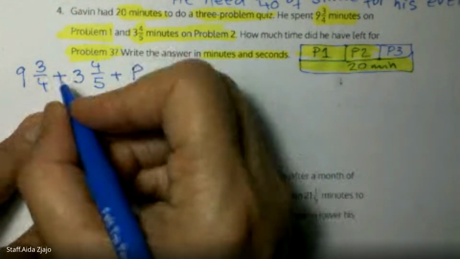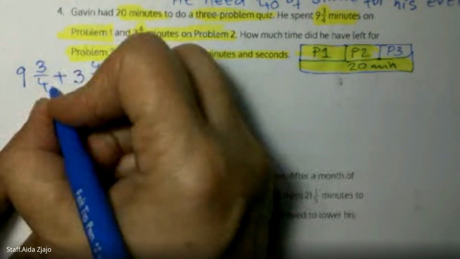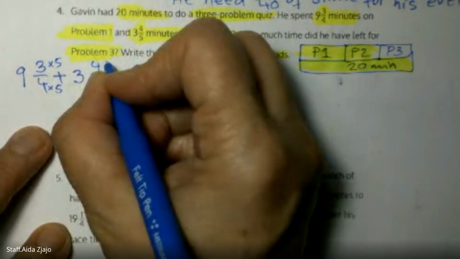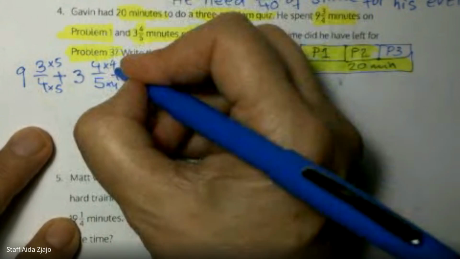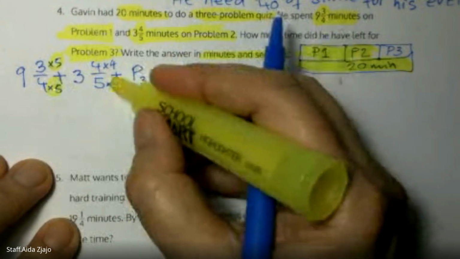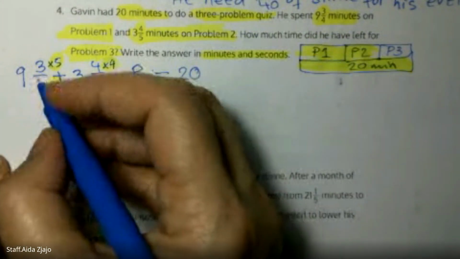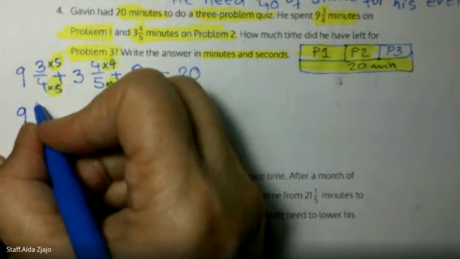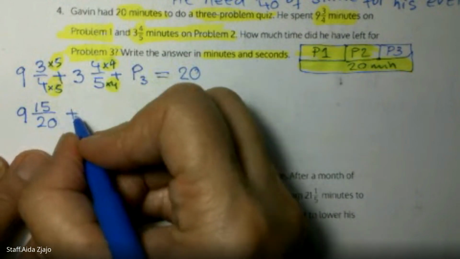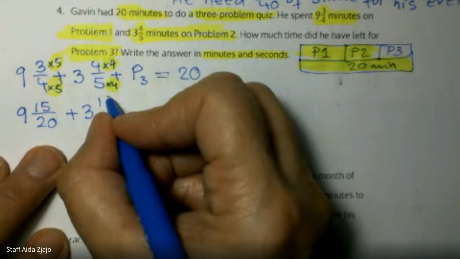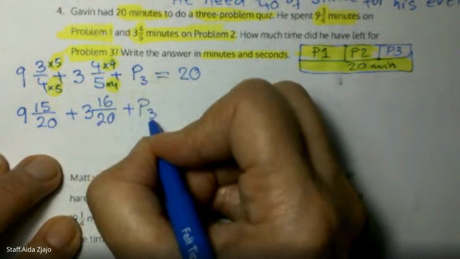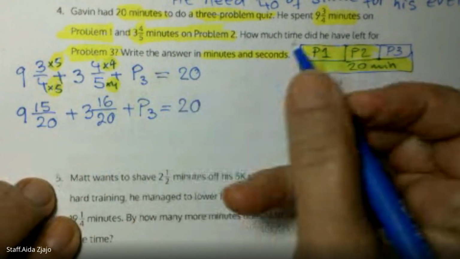So if we change the 4ths and 5ths into 20ths, we will have equivalent fraction pieces. So times 5, times 4. So we'll have 9 15 20ths plus 3 16 20ths plus problem 3 must equal 20.